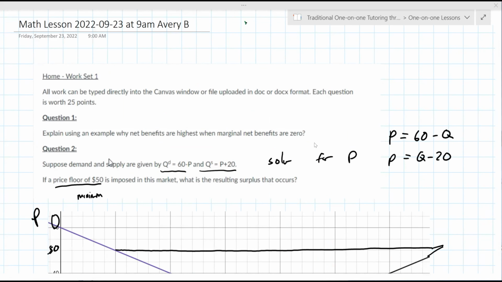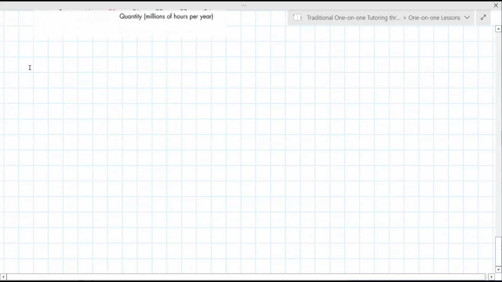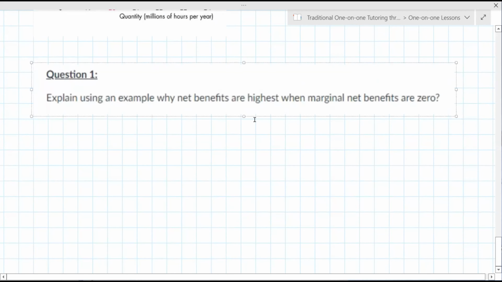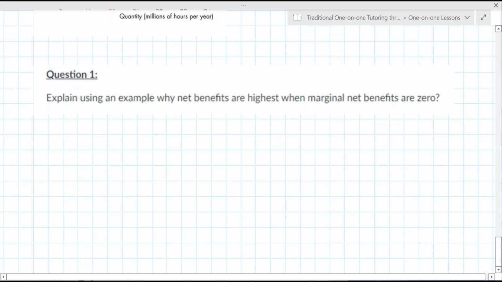Is it because that's kind of like the equilibrium, right? Because marginal is your most recent unit, so when that's 0, it's when your production's at its most efficient. Yeah, so if we were to graph benefits on some sort of curve, there are two possibilities here.